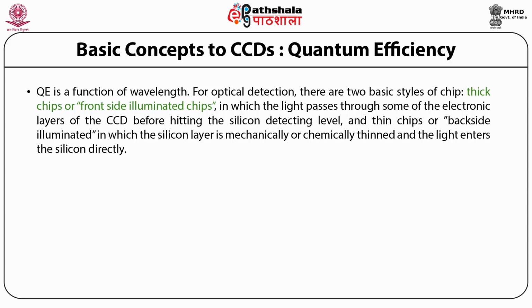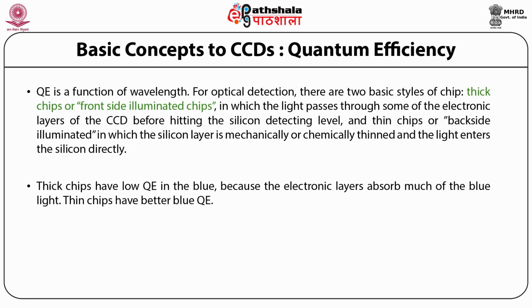For optical detection, there are two basic styles of chips: thick chips or front-side illuminated chips, in which the light passes through some of the electronic layers of the CCD before hitting the silicon detecting layer, and thin chips or backside illuminated chips, in which the silicon layer is mechanically or chemically thinned and the light enters the silicon directly.